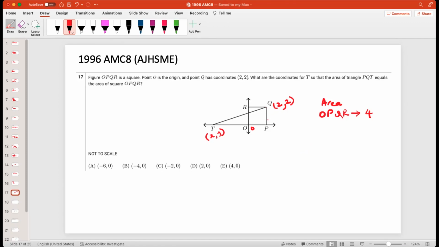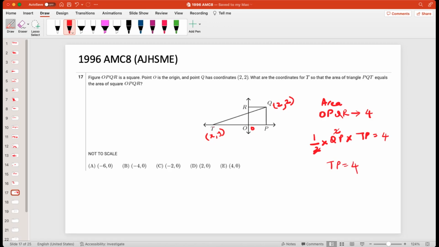For this triangle, the height is QP, so half into QP into TP, which is the base of this triangle, is equal to 4. Now we know that QP is 2, so this and this cancel. That gives me TP is equal to 4.